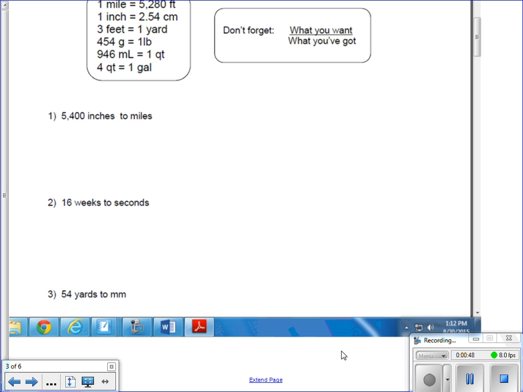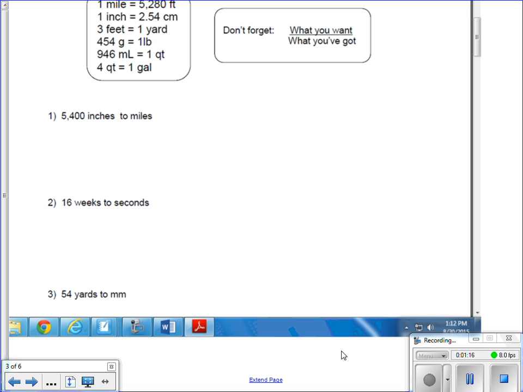All right, so our first one, we are going to take 5,400 inches and we're going to convert it to miles. There is a box at the top that gives us all of our conversion factors. Conversion factors tell us how much of something is equal to another set of units. So we're going to use something that my students in the past have started calling T-charts.